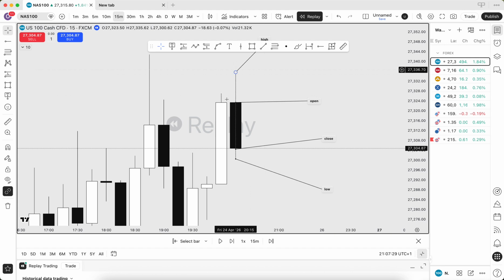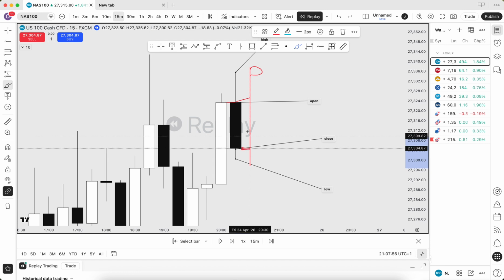This wick here means that the candle opened here and started going up, going up, then for some reason started going down again, and then started going up again, and it now closed here.